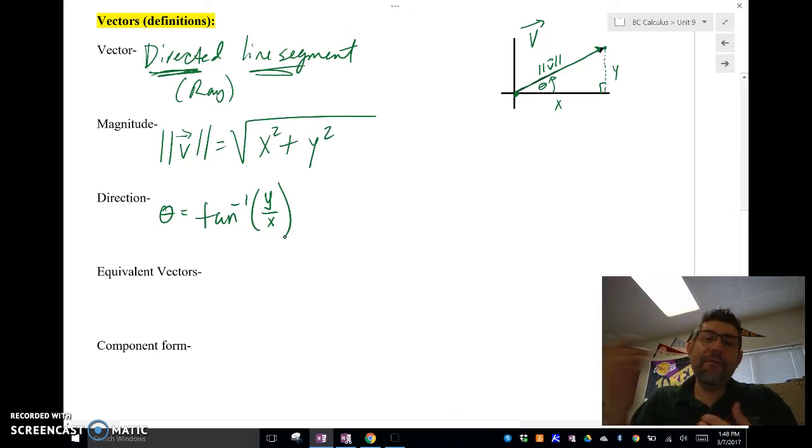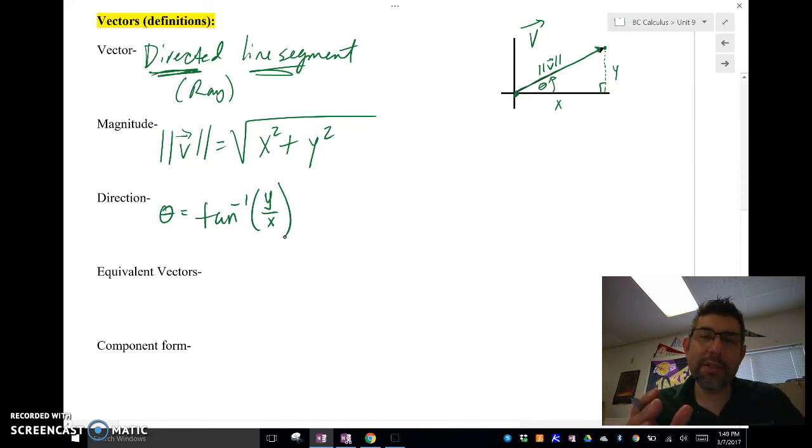But if the vector is in the third quadrant, then that angle is not pi over 4, even though a calculator will give you pi over 4, because a negative divided by a negative is a positive. So you have to make sure you know where you are on the unit circle so you can find the correct angle for that direction. In that case, the directional angle would have been 5 pi over 4.